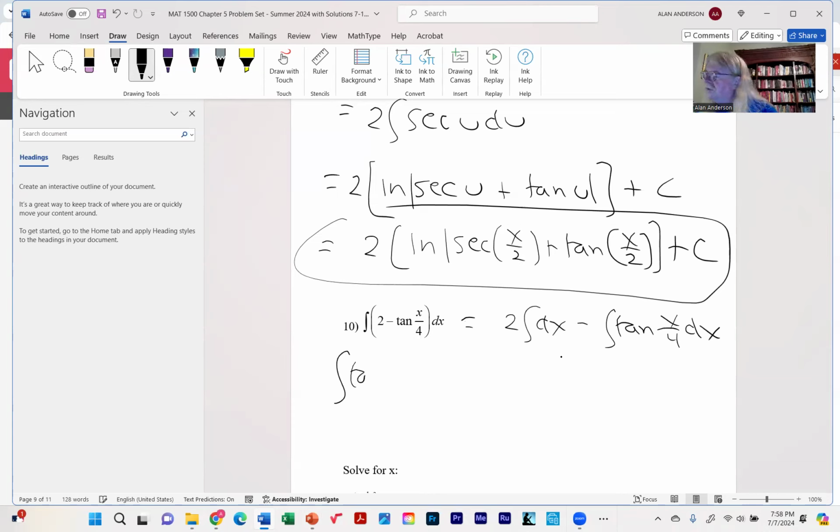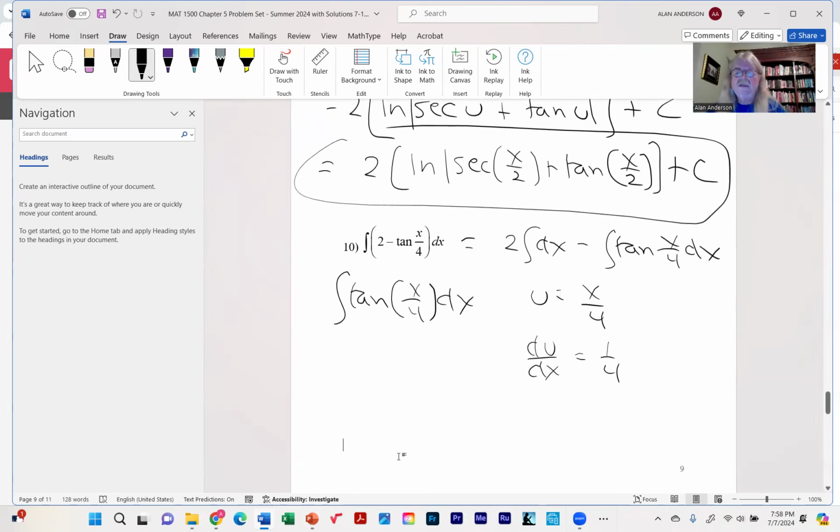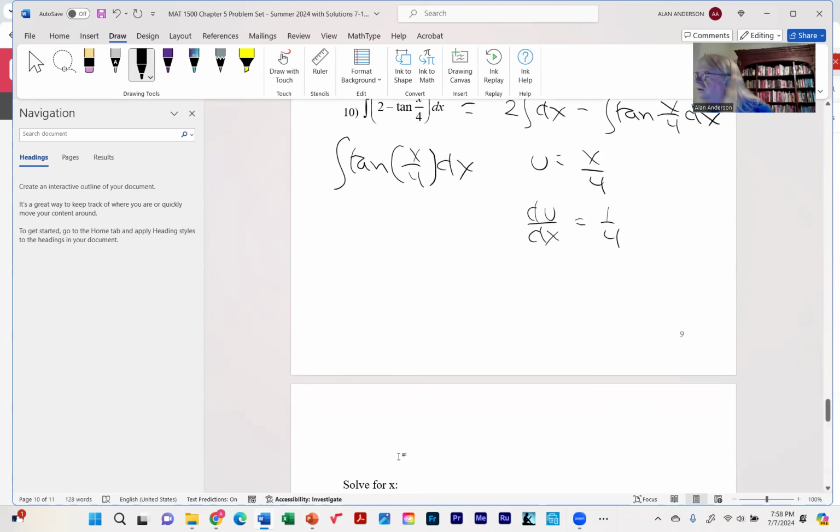Now, this one is very similar to the one we just got through doing, because what we can do is let u be x over 4. And du is 1/4, or we can think of that as du is a 4th dx. All right, so great.